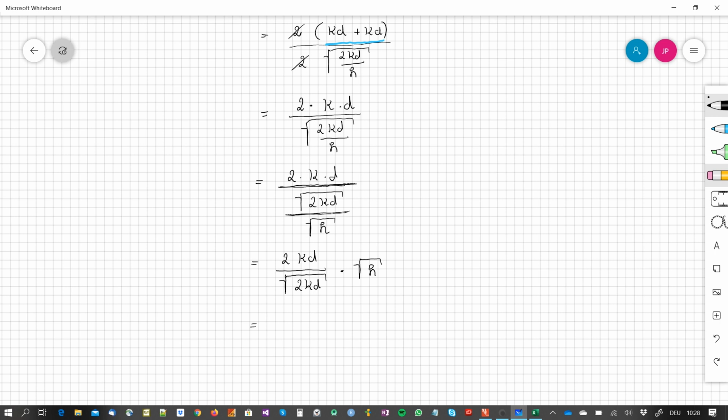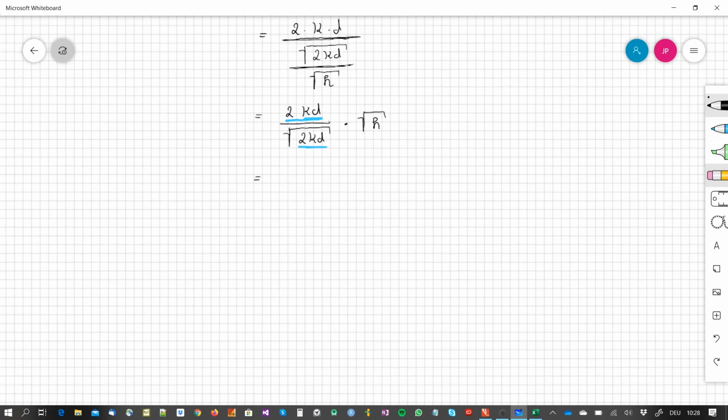And then, well, we want to do something with our kd here, and we have a 2 here as well. So we can work with this to make it look nicer. So here stands 2kd, and I can reformulate the fraction here, which is actually 2kd.